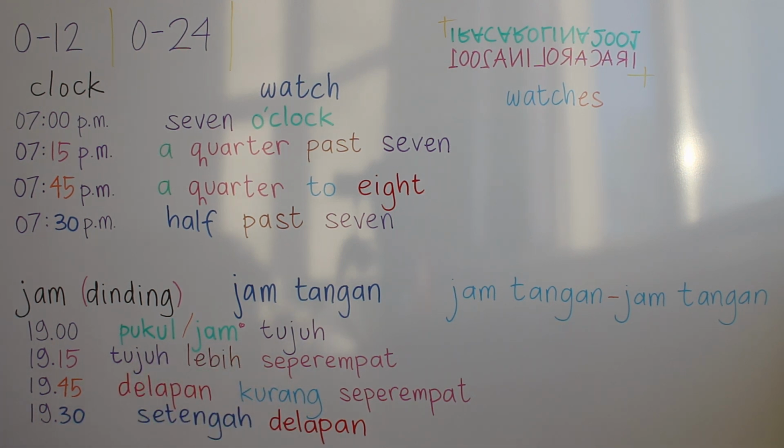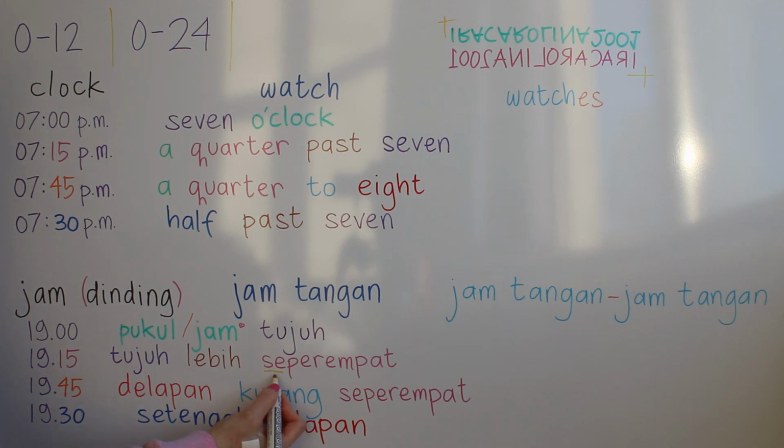Lebih can also be translated as extra, but in this case, lebih is past. And a quarter in Indonesia is seperempat. Se is a prefix.